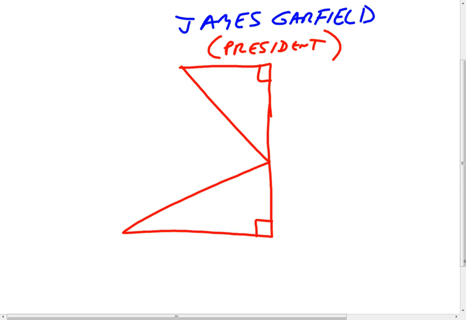He set up two right triangles so that these 3 points were collinear. This is a straight line. And the two triangles are exactly the same. They're congruent. But he didn't put any numbers in here. He just put letters. He said that he was going to call this A.